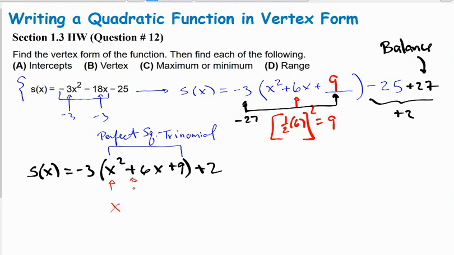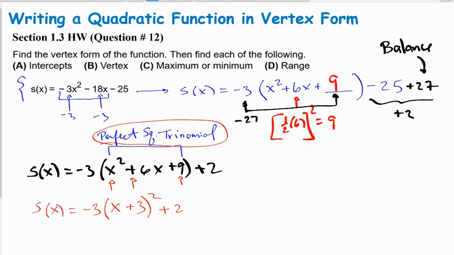You take the sign from the middle term, which is a plus, and the square root of the back term, which is 3. Put that all in parentheses and square it. And this is only true for perfect square trinomials. We put our -3 multiplier out front, our +2 behind it, and now we've accomplished our first task, and that is to write the vertex form of the equation.